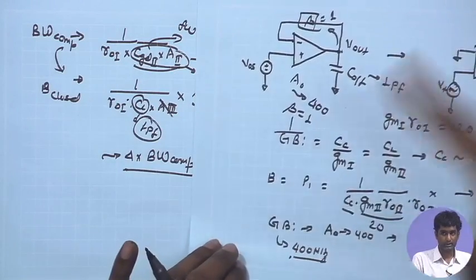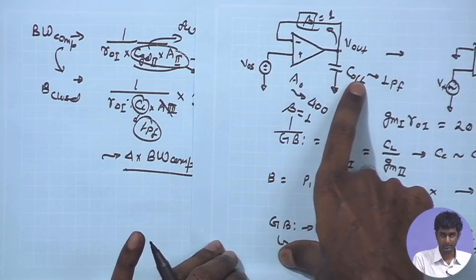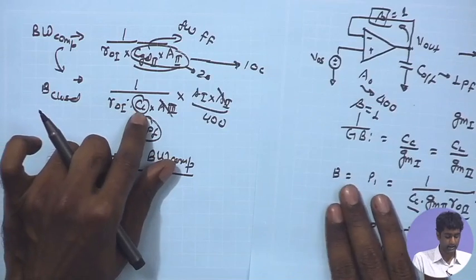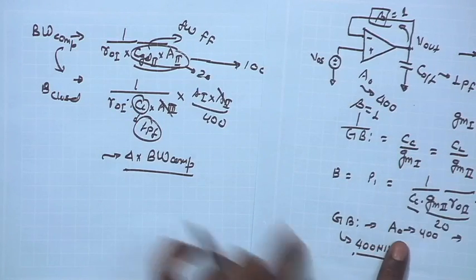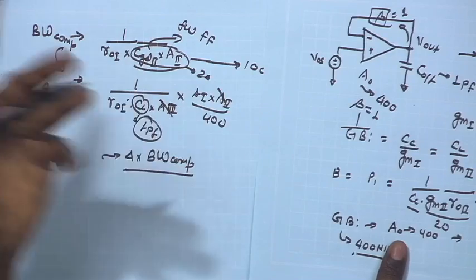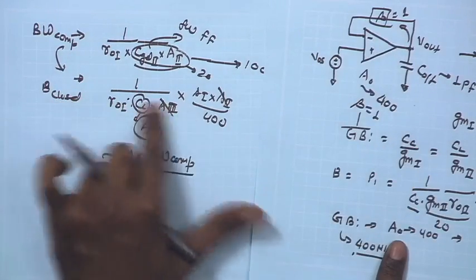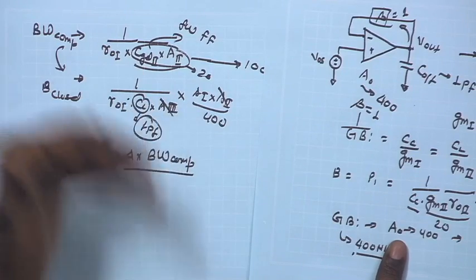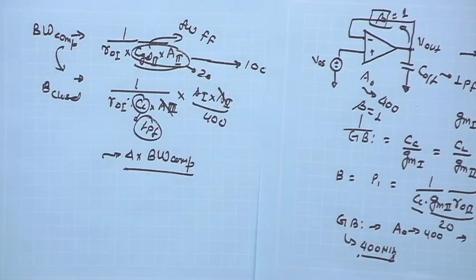So, as we increase the C offset requirement for larger and larger precision, we need a larger CC, because remember the constraint GM CC upon GM1 equal to CL upon GM2, and that would mandate a larger compensation capacitor, and hence it will reduce the closed loop bandwidth that we are getting from the compensation. So, of course, that trade off is always going to be there.